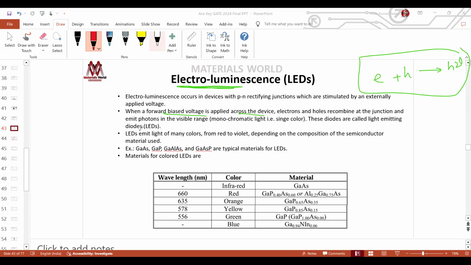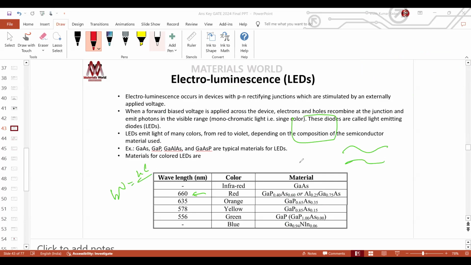We'll come to that. These are typical direct semiconductors with different compositions: gallium nitride, gallium phosphide, gallium arsenide. They will emit a particular hν from the transitions. That hν corresponds to hc by lambda, and the lambda corresponds to this value.